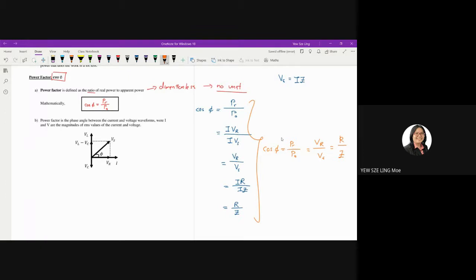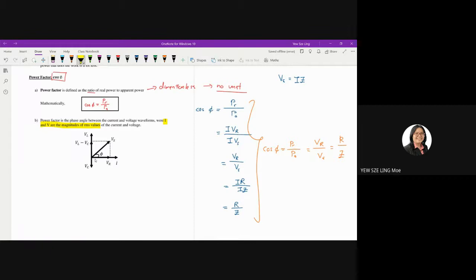So basically, you can calculate power factor by looking at the phasor diagram as well. Power factor is the phase difference between current and voltage waveform, where I and V are the magnitudes of the RMS value of the current and voltage. Remember, I and V are always the RMS value. That's why I keep telling you guys, phasor diagram is the most important thing in chapter 6.